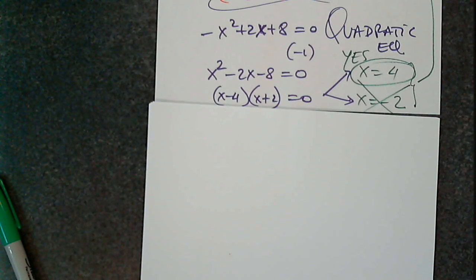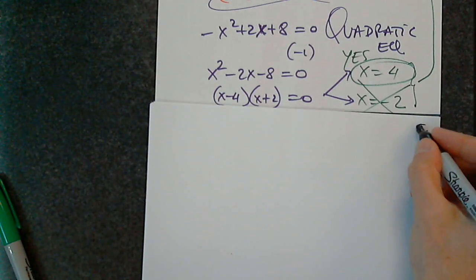I would have to twist this into 4 minus x in order to make it work. But there is no need to do that. It's an equation. I'm allowed to multiply both sides by whatever I want except 0. I'm allowed to divide both sides by whatever I want except 0, because the solutions will not change. Thank you. Very good question.